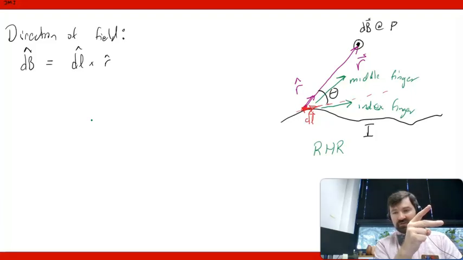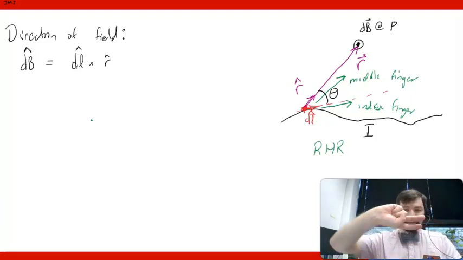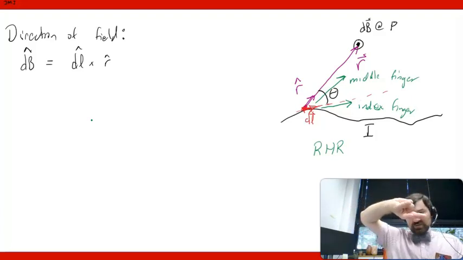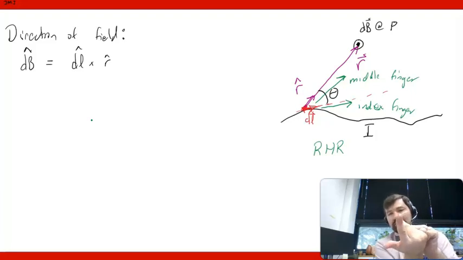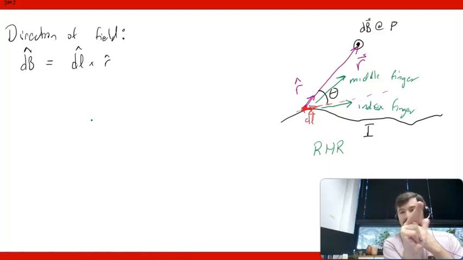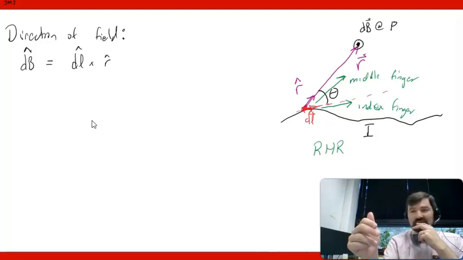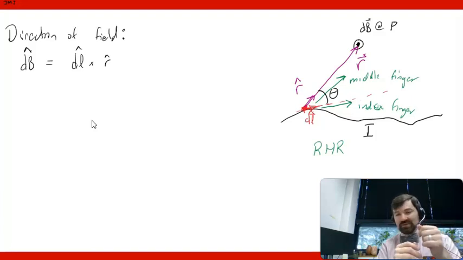Then you rotate your right hand until your index finger is still pointing along the dl, but your middle finger is pointing along the r. Basically you rotate them around until you have that condition met, and you want them more or less closed, no contorting the middle finger out.